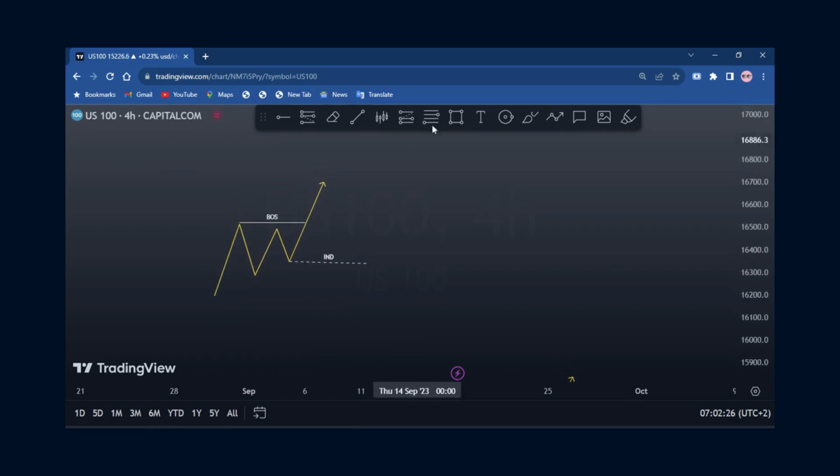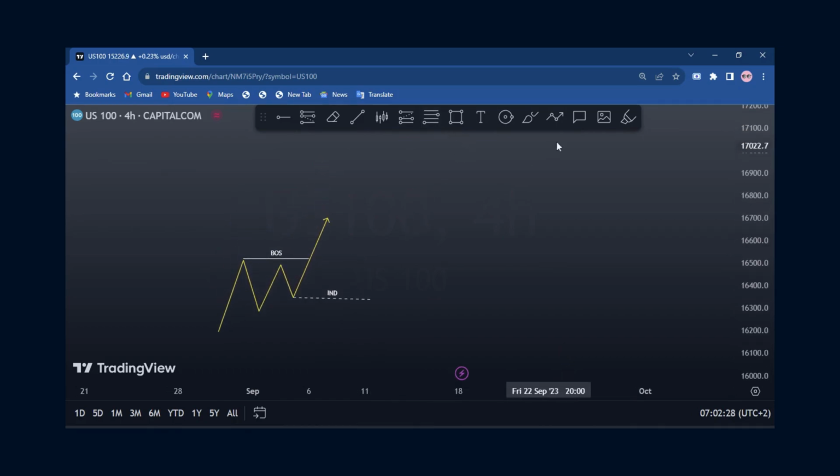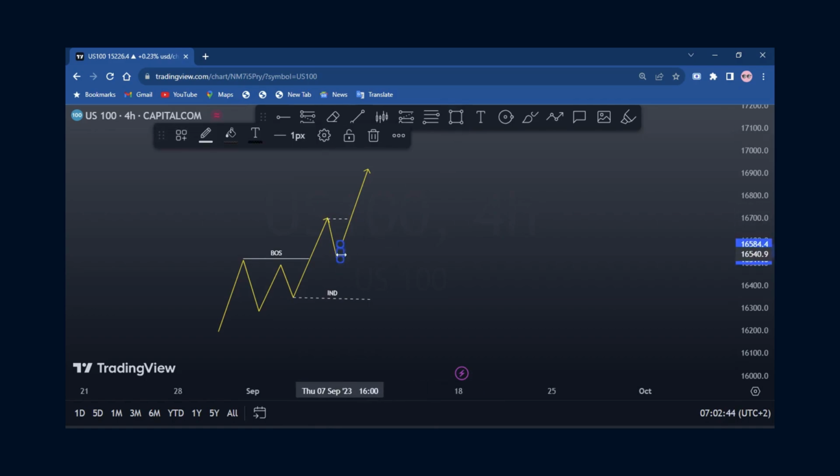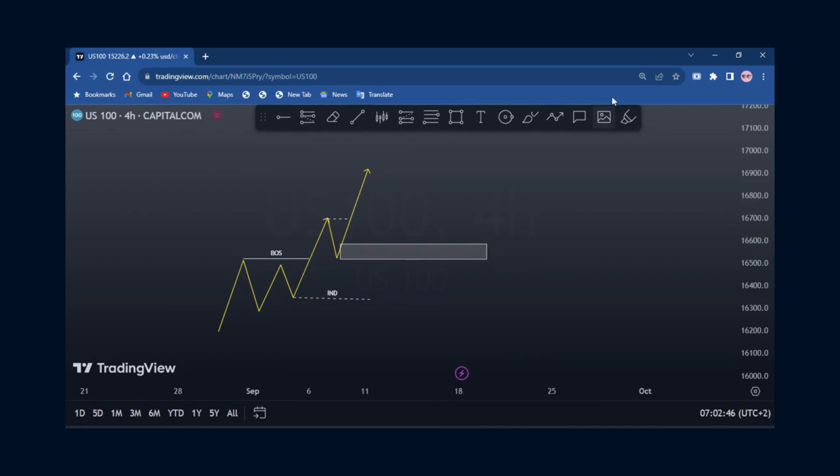Now guys, before this inducement is taken out, if the market does not come and take it out, let's say the market does something like this and continues going up, this is not a break of structure. You cannot say this is a break of structure, because immediately you say that line is a break of structure and you look for an order block here, the market will come and give you a small reaction here.